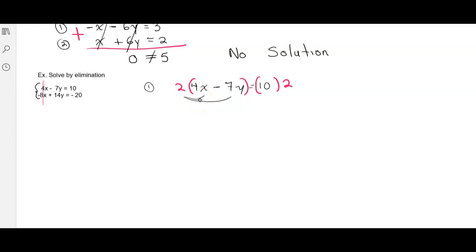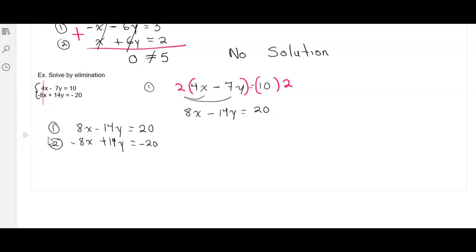And we're going to distribute. 8x minus 14y is equal to 20. So let me put both of these equations together. 8x minus 14y is equal to 20. My second equation is negative 8x plus 14y is equal to negative 20.